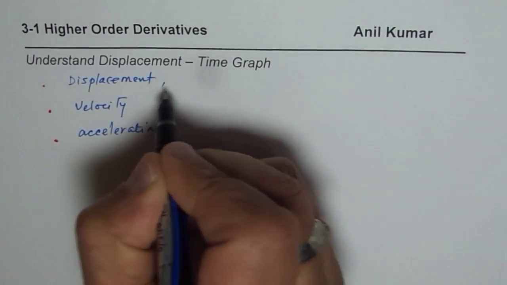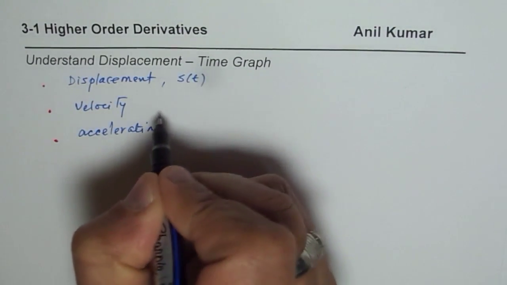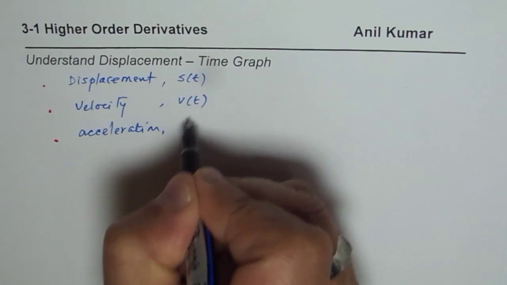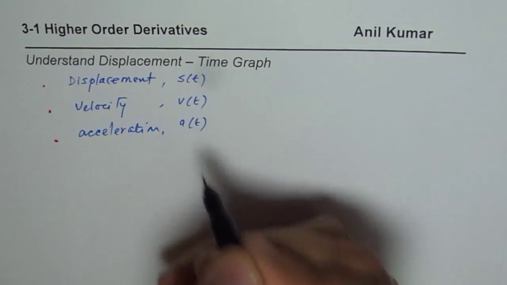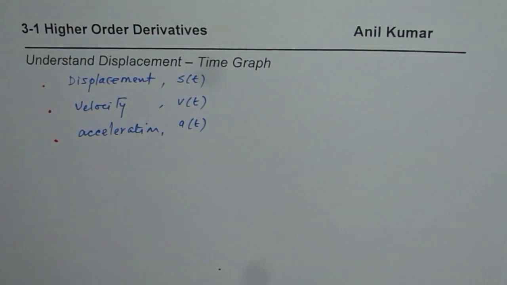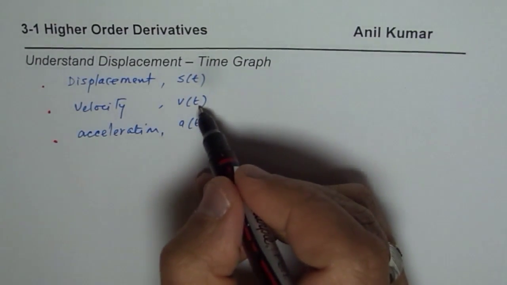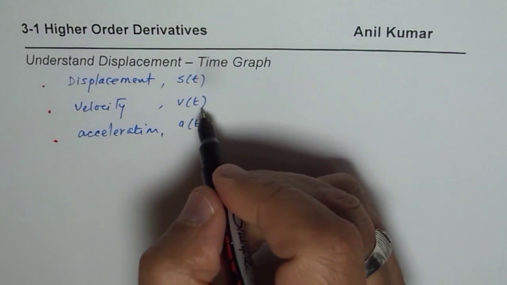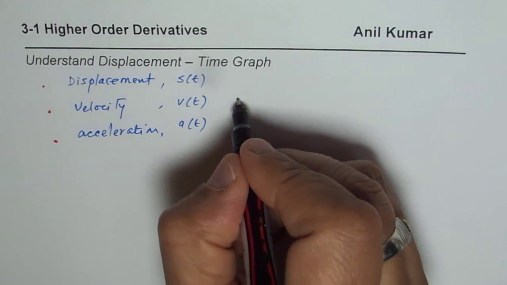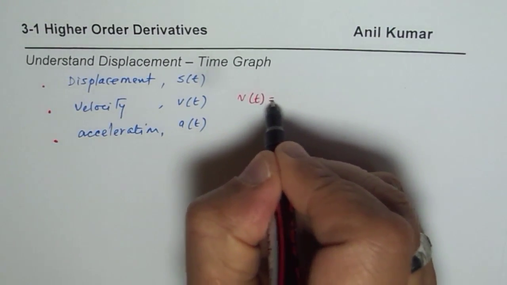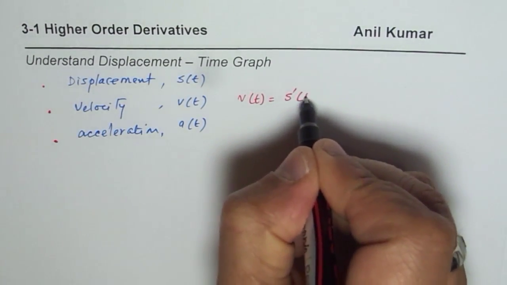In general, we'll say S of t as displacement, V of t as velocity, and A of t as acceleration, right? Now, as you know, velocity is rate of change of displacement. Since velocity is rate of change of displacement, we can say V of t is equal to S dash of t, right?